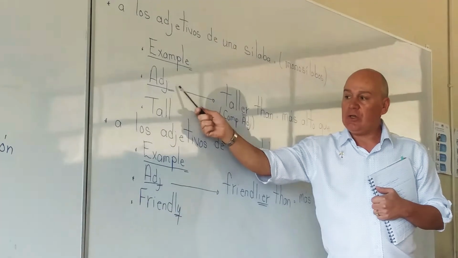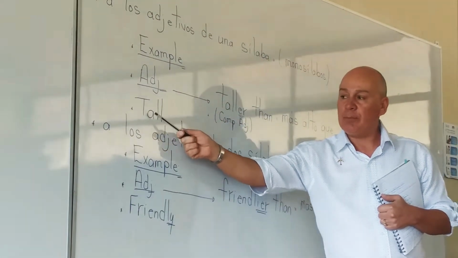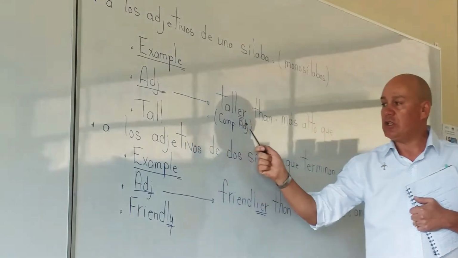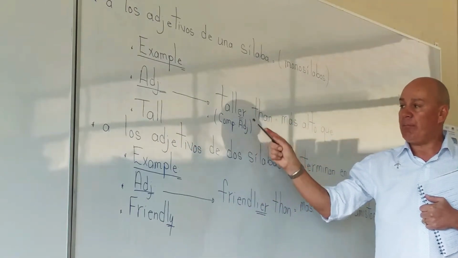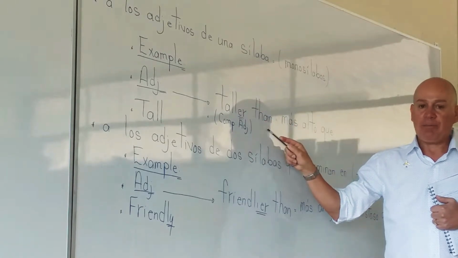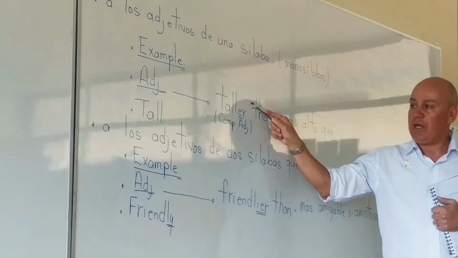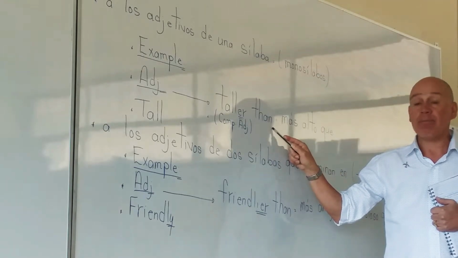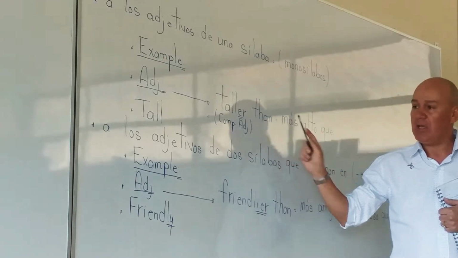Example, look at this adjective, it is monosyllable because you cannot divide it. Tall, taller. It's very important to pay attention that when you are comparing in this way, this comparative word than is very important and necessary.